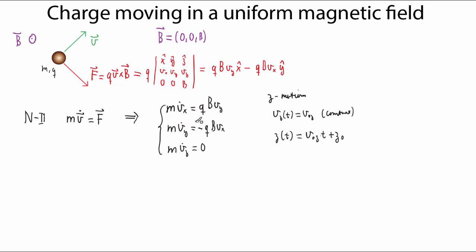And in order to do that, we're going to first simplify things by introducing a constant, omega, which is going to be equal to qB over m. This is known as the cyclotron frequency.